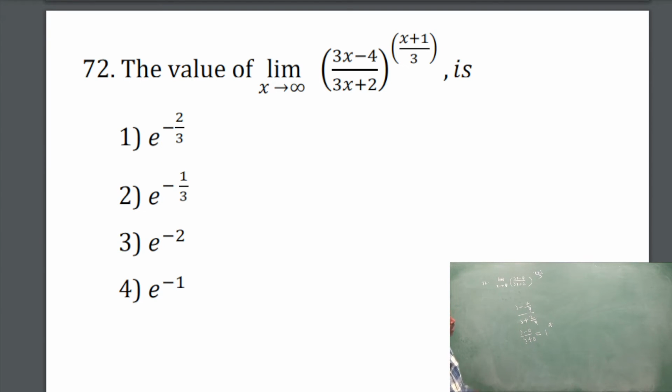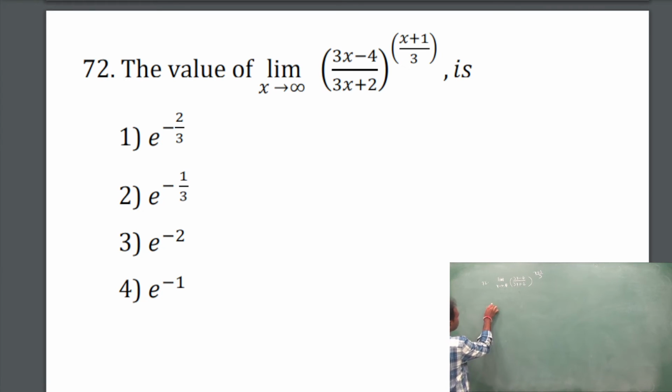That's why you have to apply the previous formula: limit x tends to a, f of x power g of x. When you substitute the x value a in the function, and the function is converted into f of x power g of x, then you have to write e power limit x tends to a, g of x into f of x minus 1. Therefore, apply that formula.